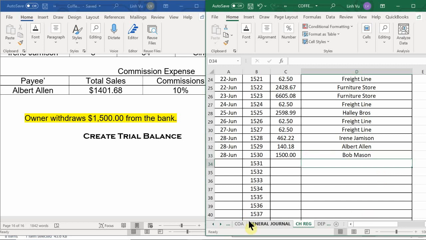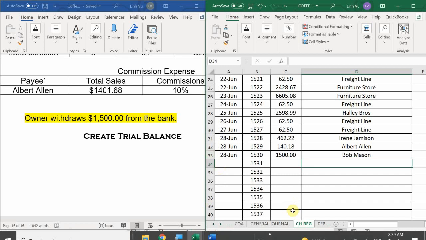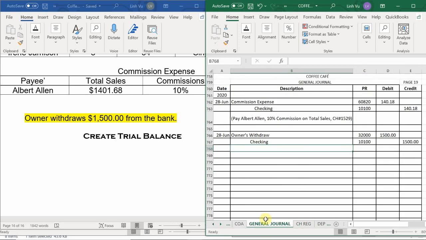So check number 1530 is what we're going to be using. So description or note: Bob Mason withdrew 1,500, or owner withdraw for $1,500.